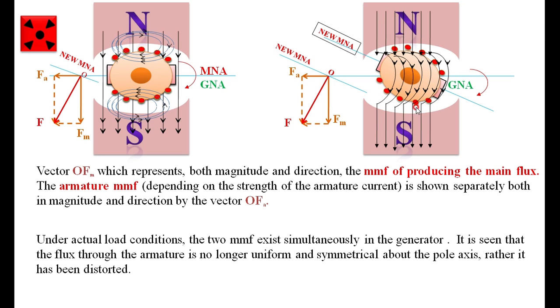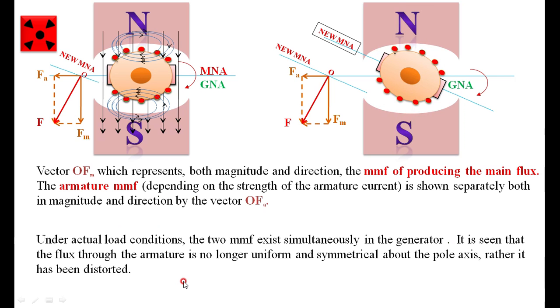Therefore, there is a bulging of the lines of force of the magnetic flux, and that is because of the armature flux. So there is a distortion in the main flux. If there is no armature flux, the main flux simply acts straight downwards. Because of the armature flux, the main flux is distorted. Then what is the effect of this? We will see that in the next slide.